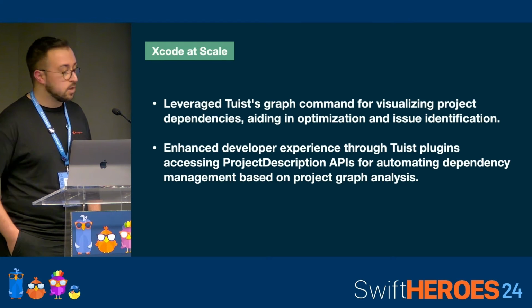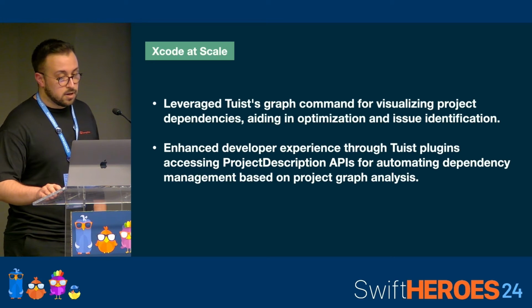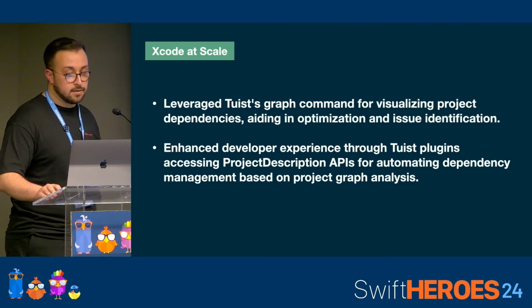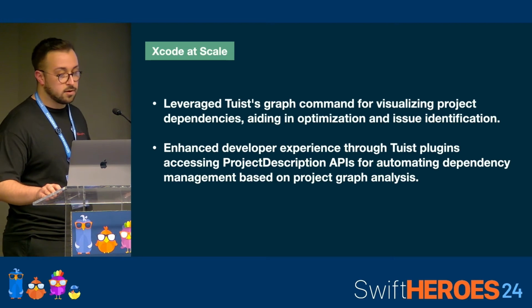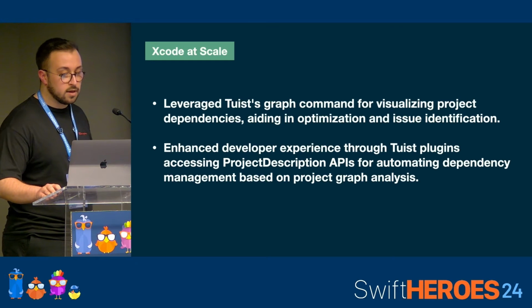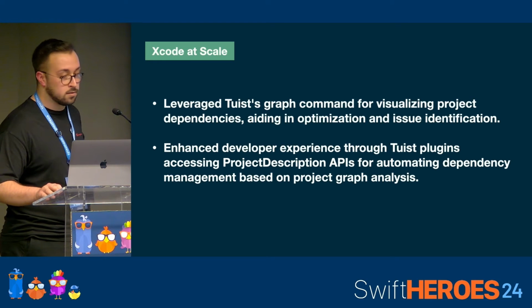Once we migrated to Tuist, we figured out that our hundreds of modules were linked dynamically. So Beyza, would you like to give us a comparison of static versus dynamic libraries and tell why we chose static linking over dynamic?